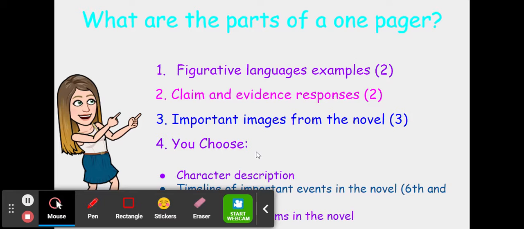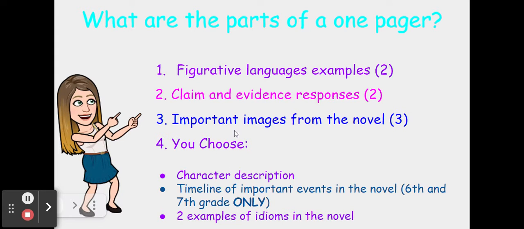Okay, and then last is part 4, and part 4 is your choice. You can choose what you want to do for part 4. So part 4, you're either going to pick a character in the novel and describe them. So what are 2 adjectives you could use to describe Maddie or grandfather or mother or Polly or anybody else?